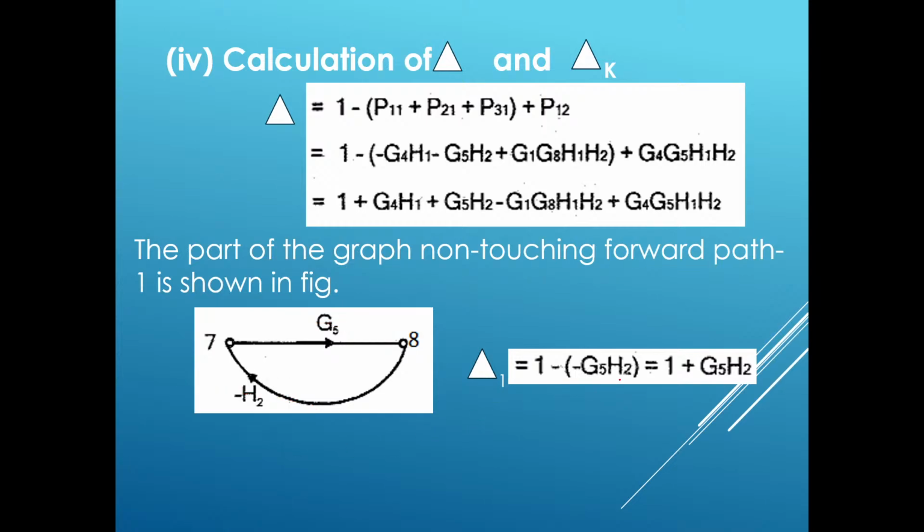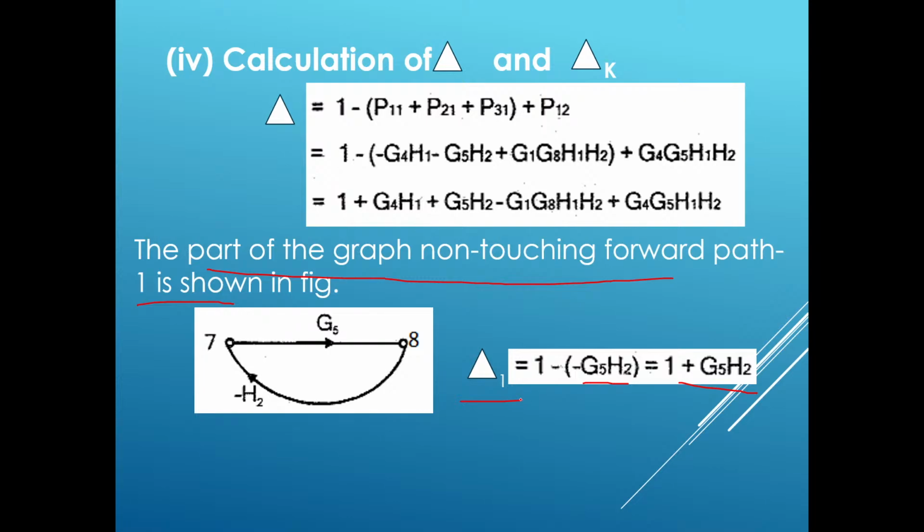So 1 minus the loop gain of this 7 and 8 loop. The loop gain value was minus G5H2, so 1 minus of minus, plus, 1 plus G5H2 is our delta 1. Okay, that is our delta 1.